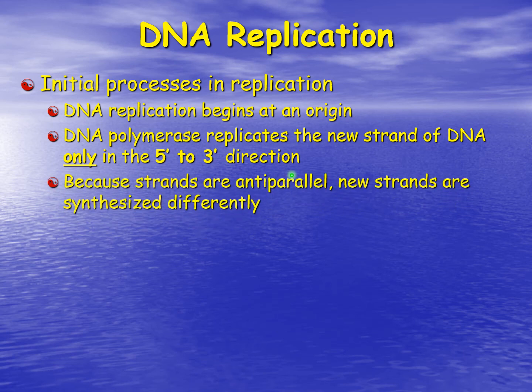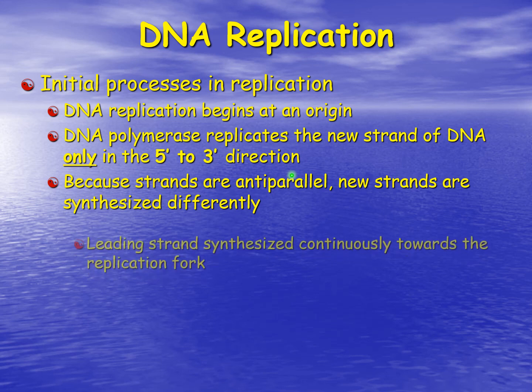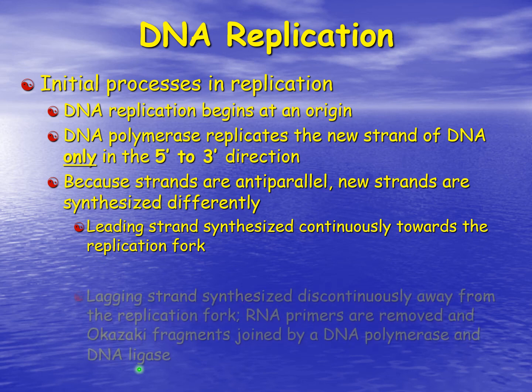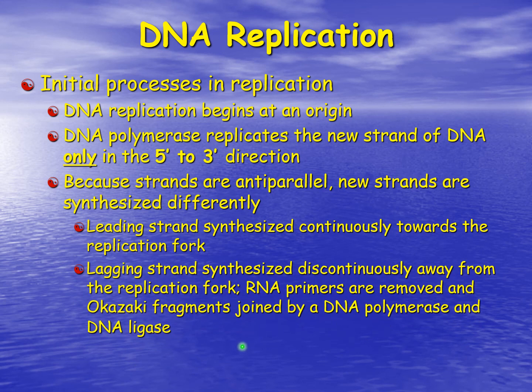And because the strands of DNA are anti-parallel, in other words, they are flipped upside down from each other, each new strand of DNA during DNA replication will be synthesized slightly differently and in different directions. The leading strand will be synthesized continuously towards the replication fork, while the lagging strand is synthesized discontinuously away from the replication fork.